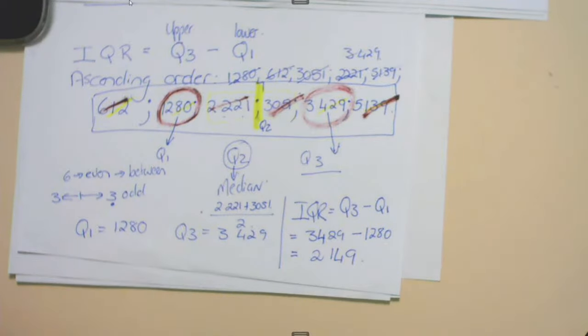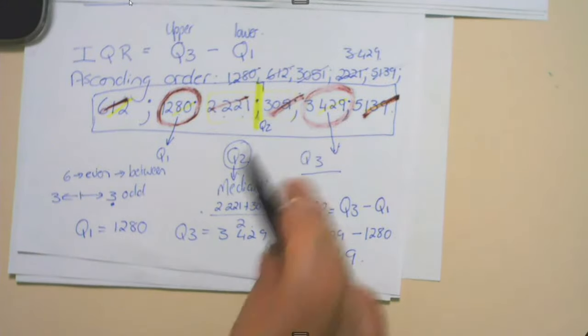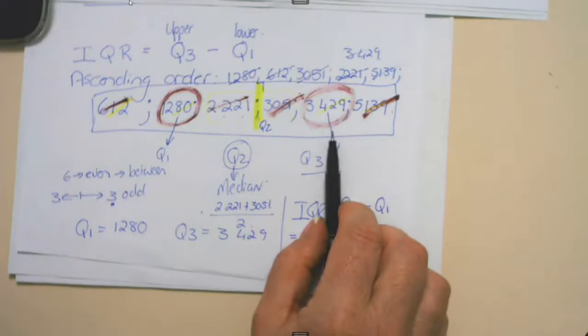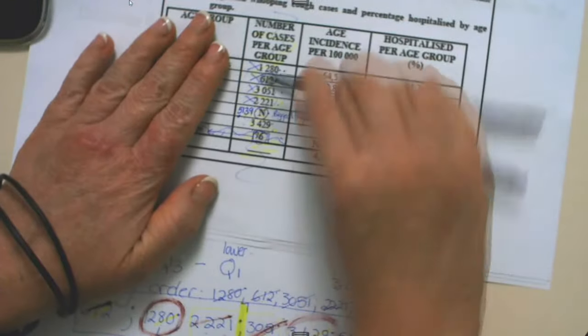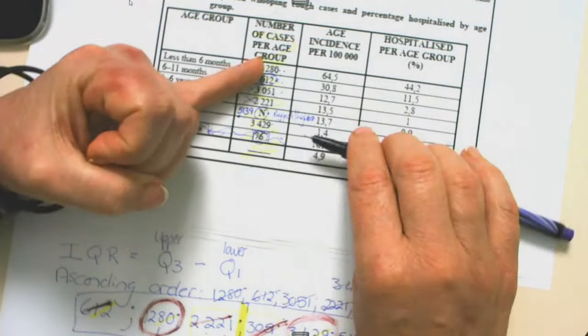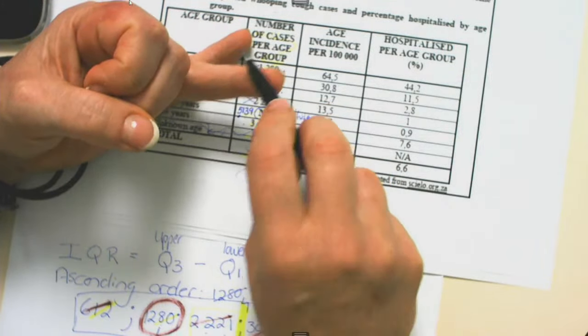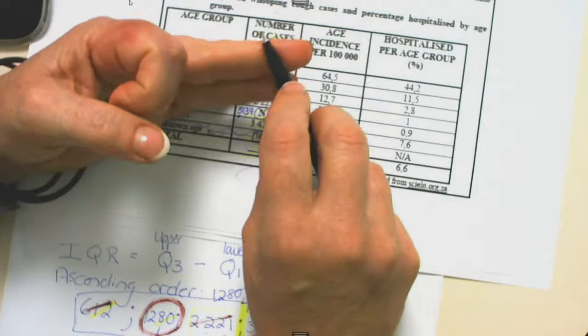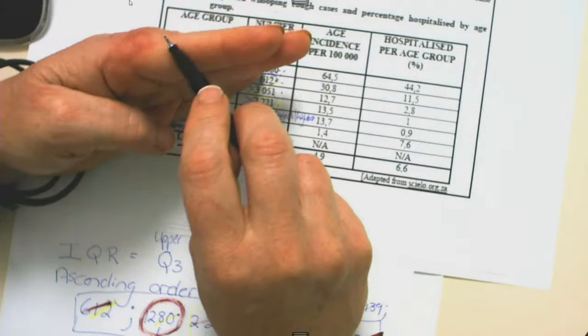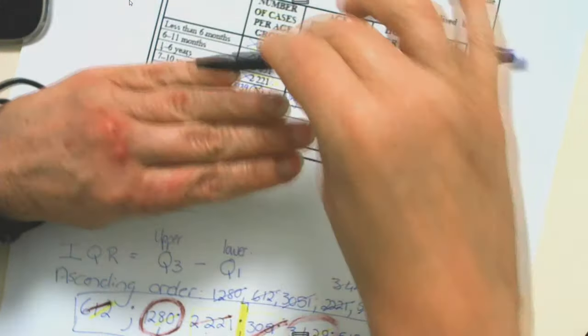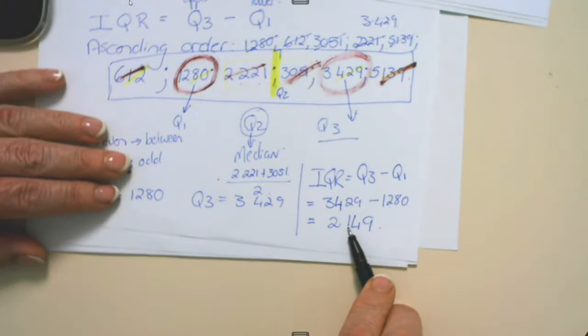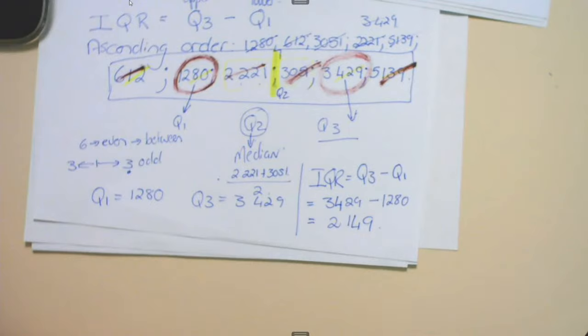It is because you must first order the numbers, then determine Q1, determine Q3, and then determine the interquartile range. So you had to take multiple steps to come to this answer, and therefore it is a level 3 question.